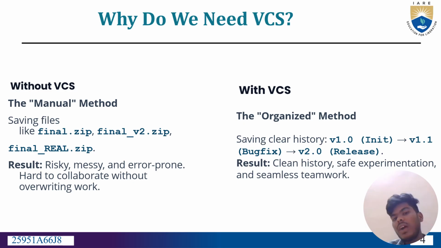What happens when we use VCS? It is an organized method. We get a correct structure, saving a clear history, like v1.0 init, then v1.1 bug fix, and then v2.0 release.